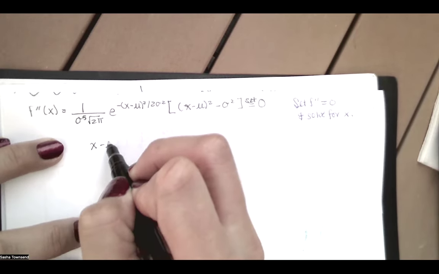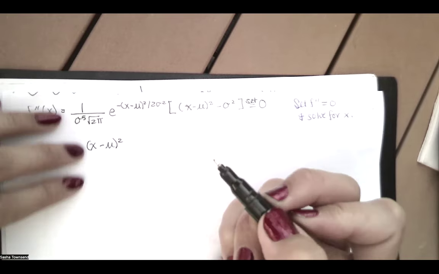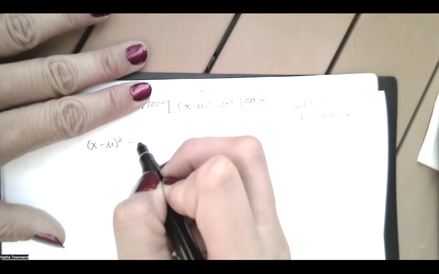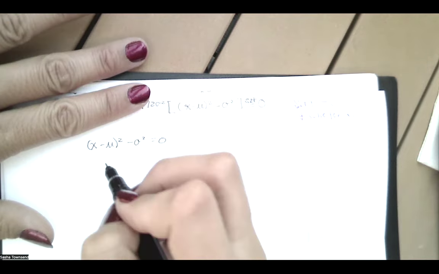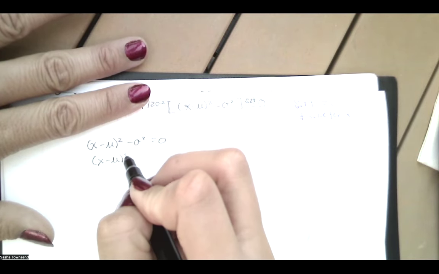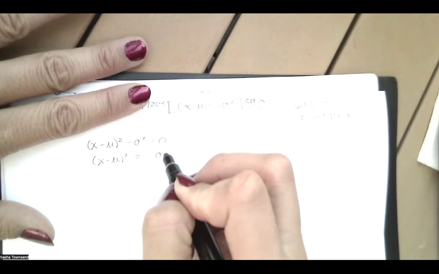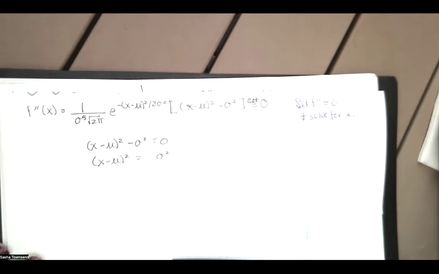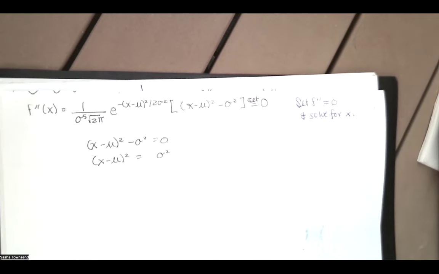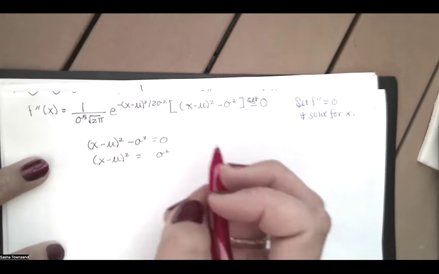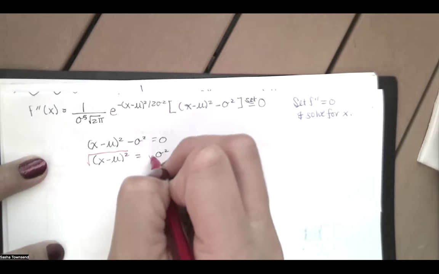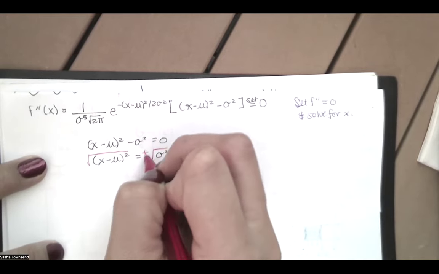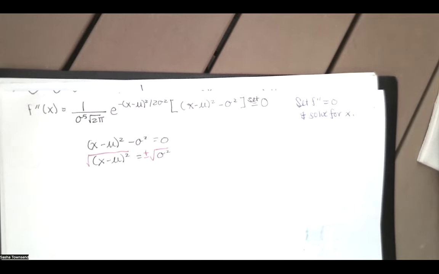So we'll have x minus mu, or x minus the mean, which is mu, squared minus sigma squared equals 0. And I'm solving for x, so I've got x minus mu squared equals sigma squared. Now we're going to take the square root of both sides. On the side with that sigma squared, we're going to put a plus or minus.